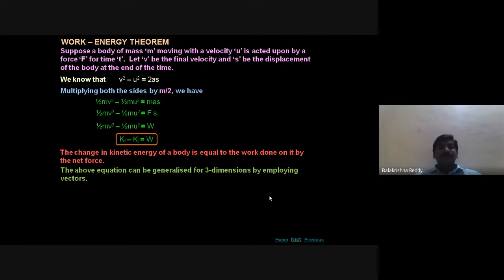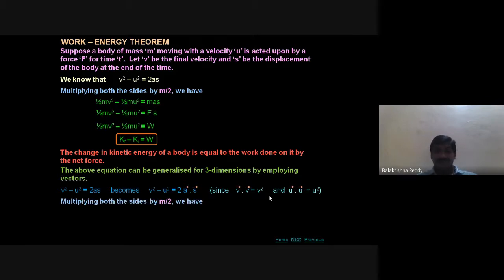The above equation can also be generalized to three dimensions for the vector case. Here v square minus u square equals 2as can be written in vector form, since acceleration and displacement are both vectors. The product of two vectors gives v dot v and u dot u.